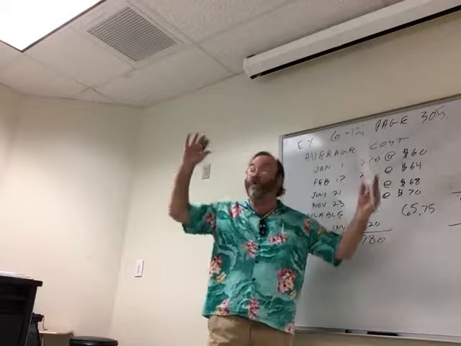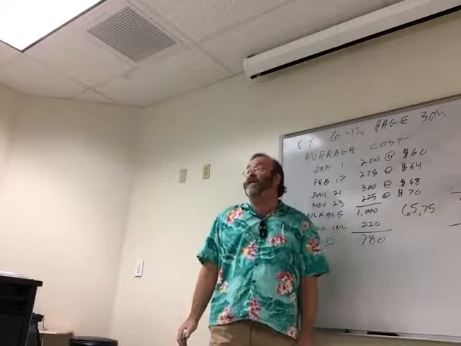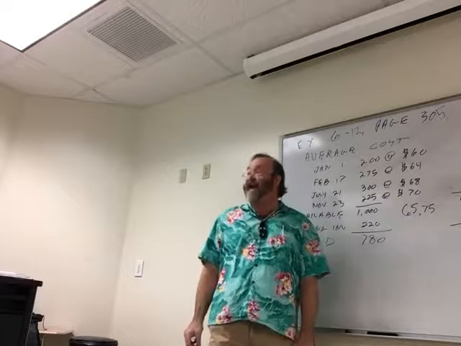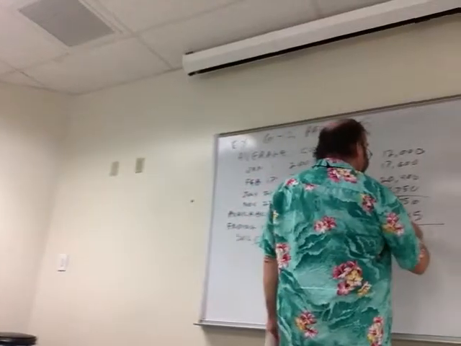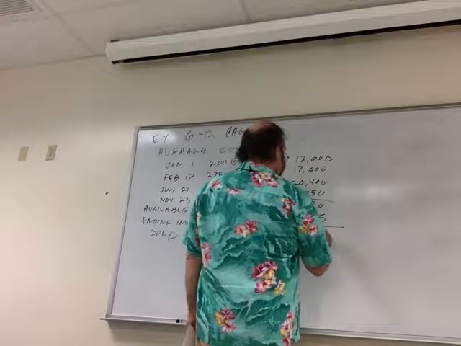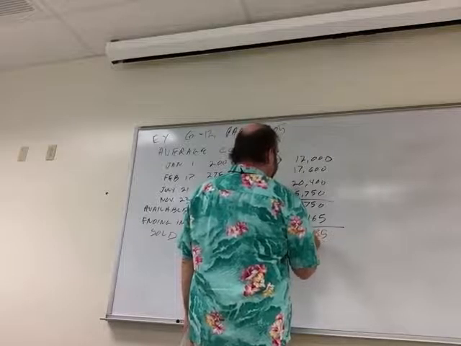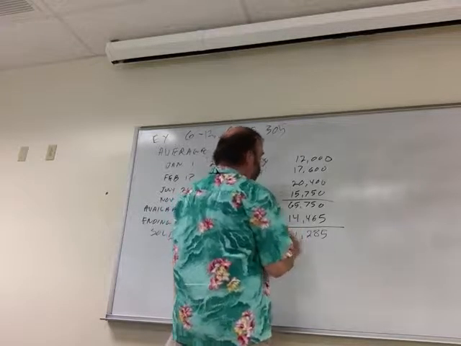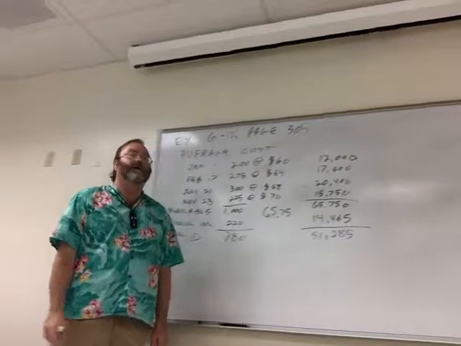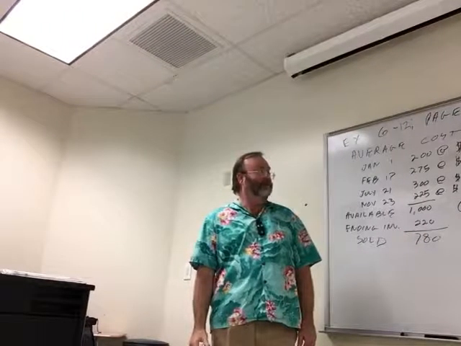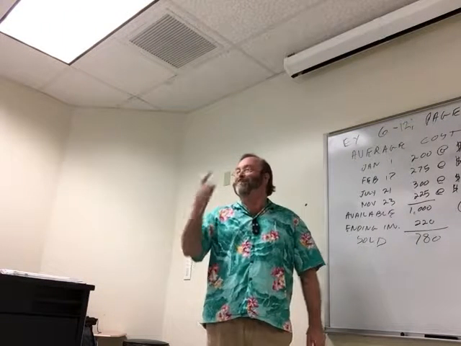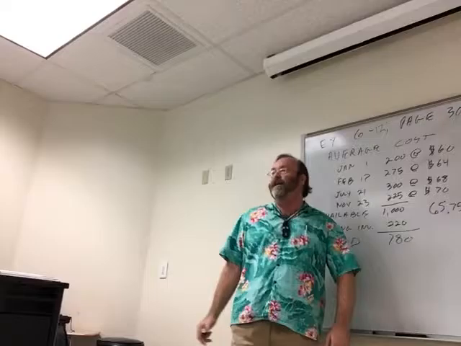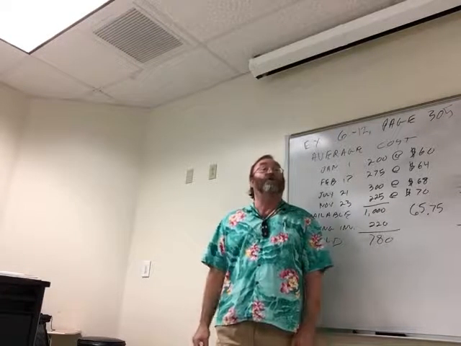If you had in total 65,750 and you still have 14,465 left, then $51,285, is that right? That's not bad for an old man in my head. That's what you sold.